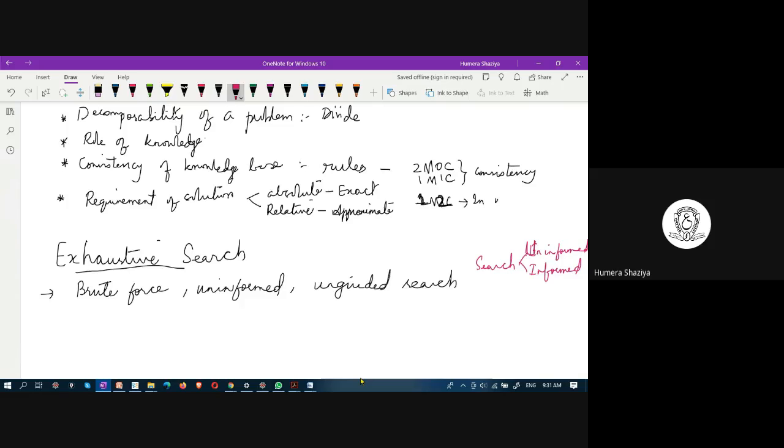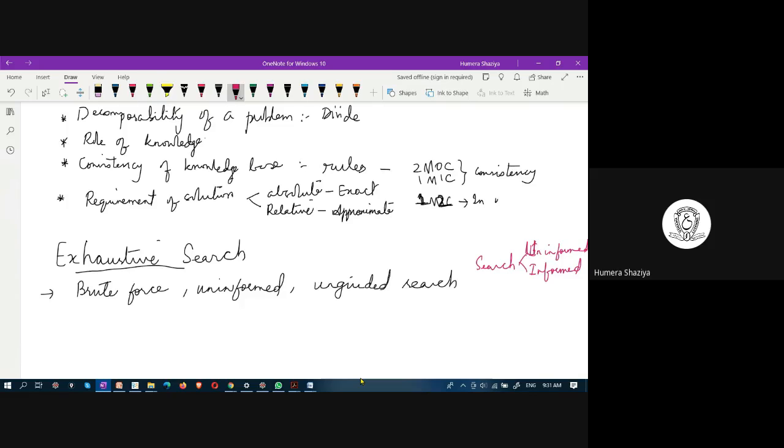This type of search is known as uninformed search because there is no guidance provided, or no hints given. It is up to the system to perform exhaustive search. That's why it is exhaustive, in the sense all options it has to look for and find out the one which is leading to the goal state.